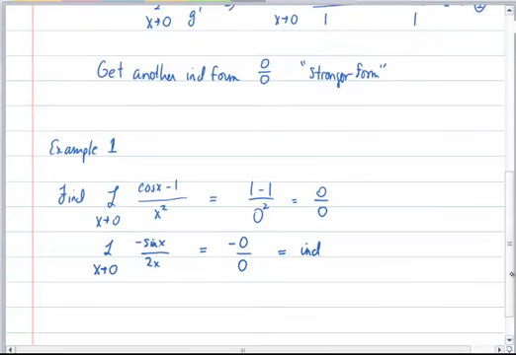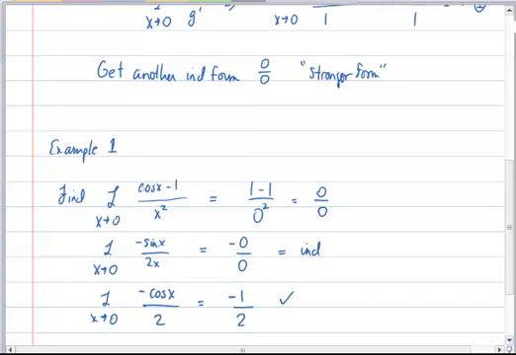So now we're going to use a stronger form of L'Hospital's rule, which says to just take the next derivative of the top and the bottom, go through the same process, and we end up getting negative cosine of x over 2, and when we plug the value in for the limit, we get negative 1 over 2, which would be the value of our original limit.